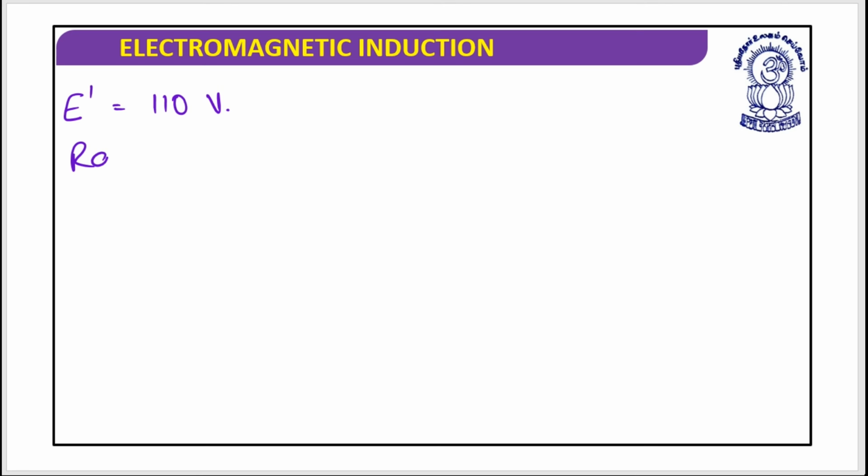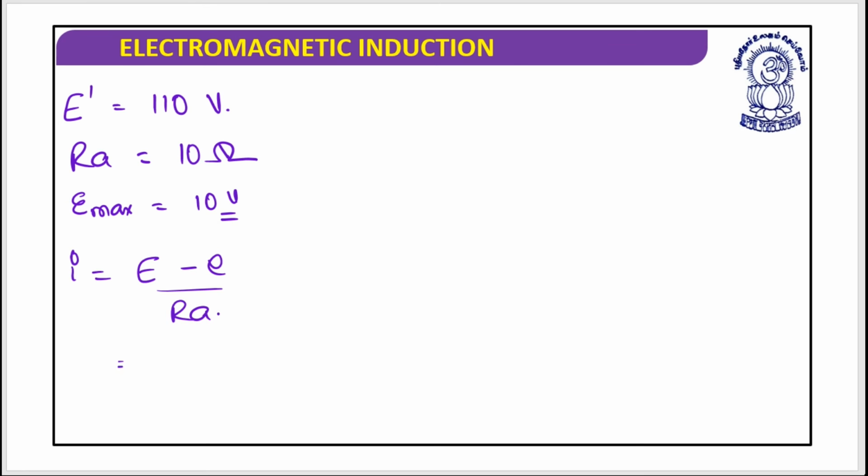My armature resistance is 10 ohm, and E max, the maximum back EMF, would be equal to 10 volt. So according to you, I = (E minus e) divided by RA, which is 110 minus 10 divided by 10, equal to 100 by 10. It's 10 ampere. According to you, this will work.